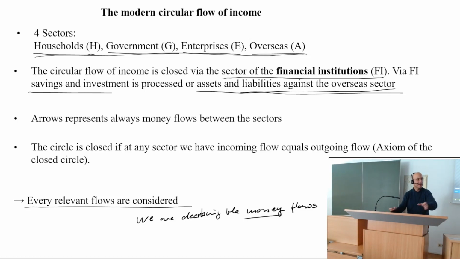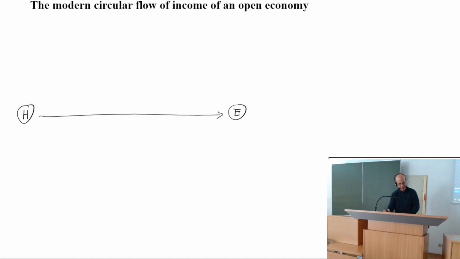But we are looking here in the economy, where is the money going? So therefore, the arrow goes from household sector to the enterprise sector, and this is then CH, consumption of the households.